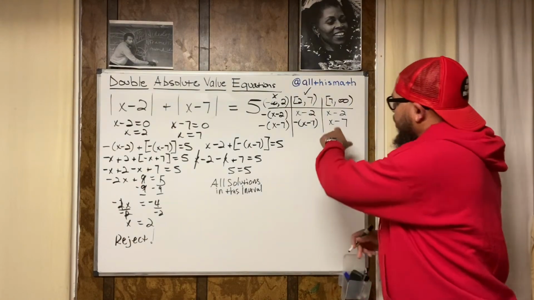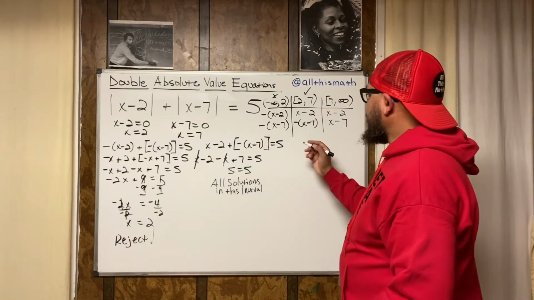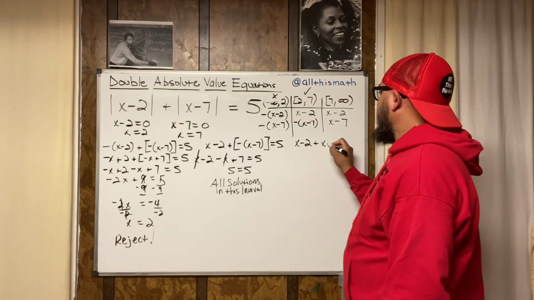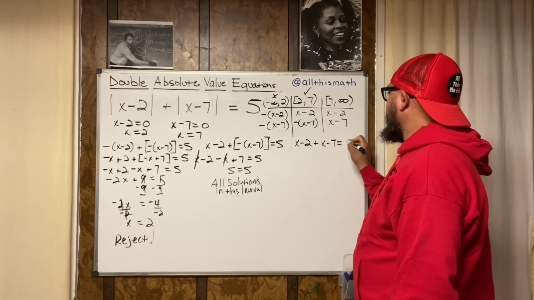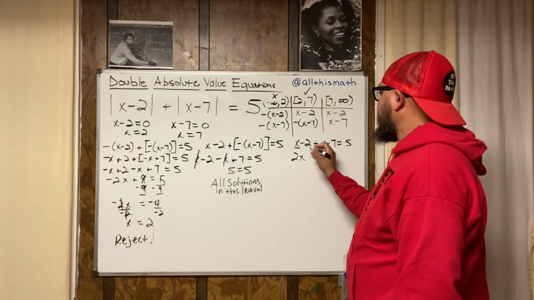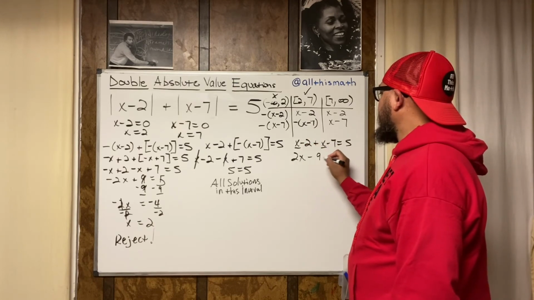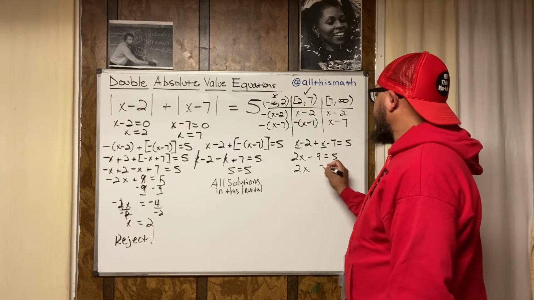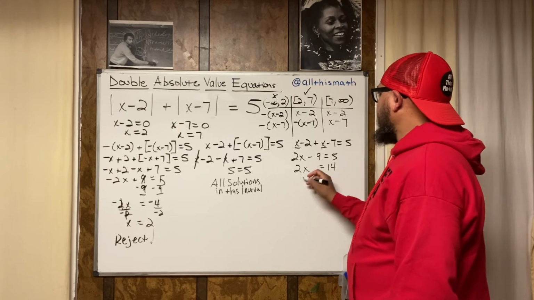All right? Now let's do the third equation and see what happens. So let's do x minus 2 plus x minus 7 is equal to 5. Combine your x's, that gives you 2x. Combine your negative 2 and your negative 7, negative 9 equals 5. 2x is equal to 14.